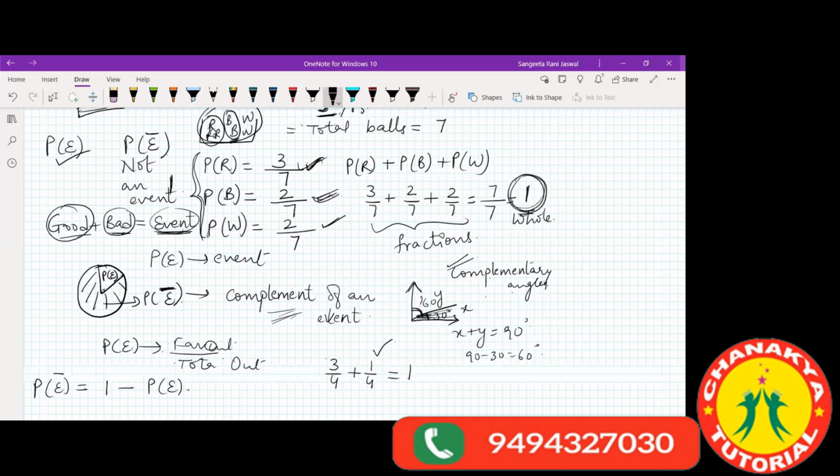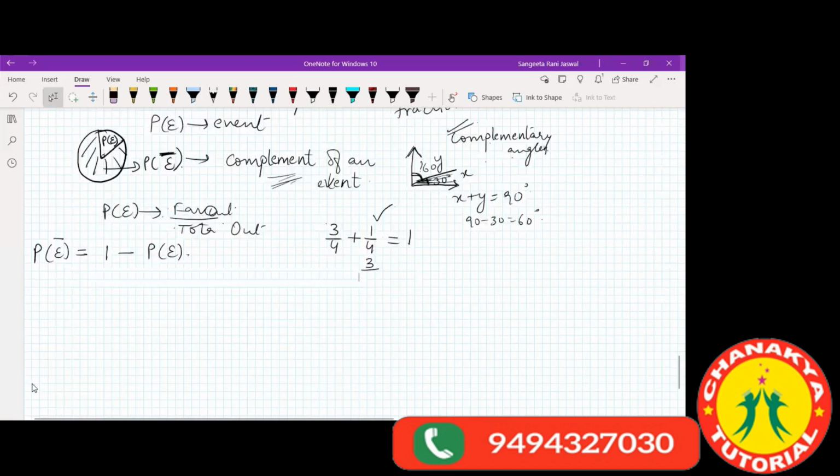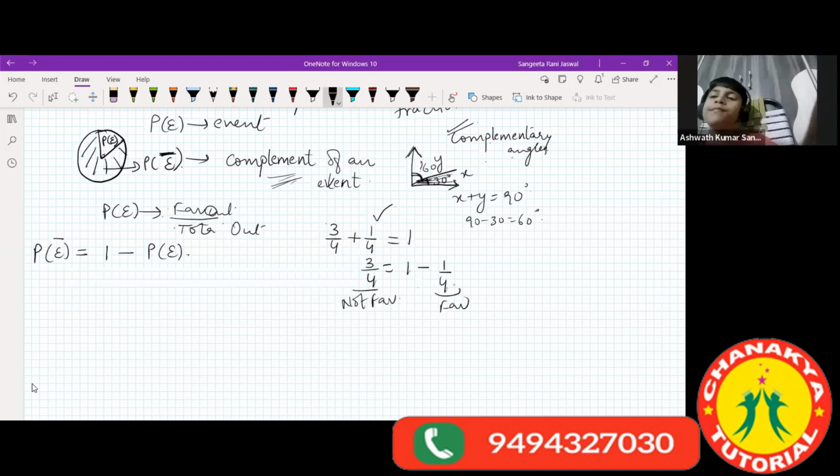If I have to find my non-favorable event, what will it be? It will be 1 minus the favorable event, right? So 1 minus the favorable event will give me my non-favorable event.